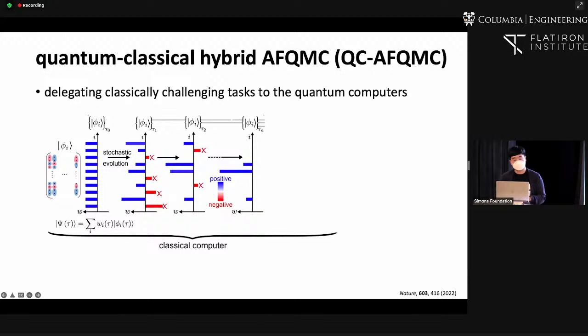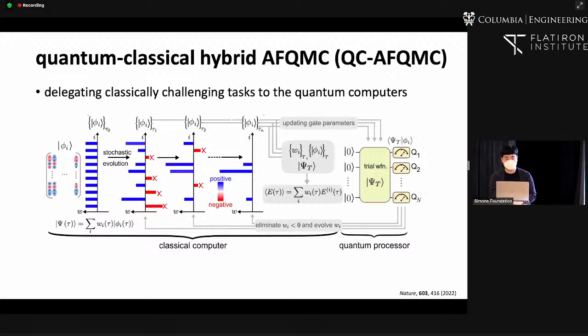And as I said, the global wave function is written as a weighted summation over statistical sample wave functions. And you're going to evolve this stochastically in imaginary time from left to right. And once in a while, you will run into these weights with negative sign. And these are the samples you have to actually discard. Otherwise, there is no statistical efficiency you can gain in the end.